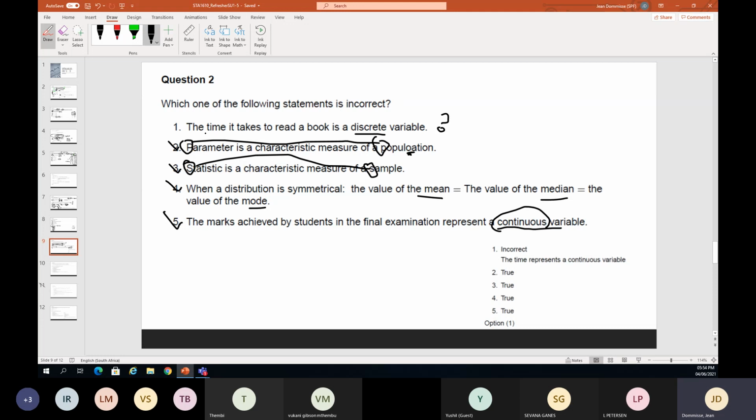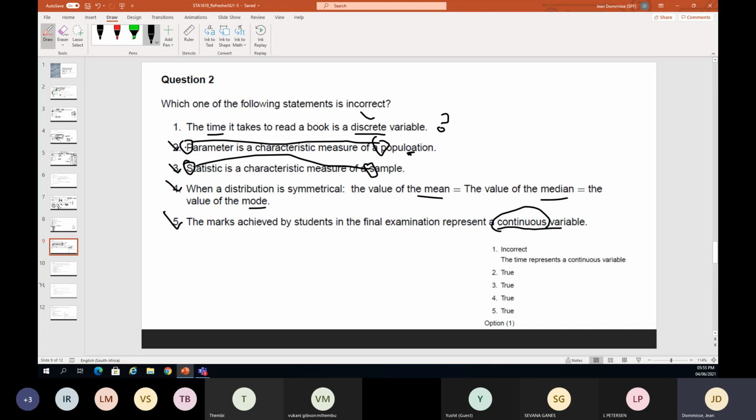When we look at the time it takes to read a book, if they told us the time in hours, then it would have been discrete, because then hours is 1, 2, 3, 4, 5, or 6 hours. But here they don't tell us that it is in hours, so we don't know what the length is. It can include seconds, it can include days. So basically you don't know.